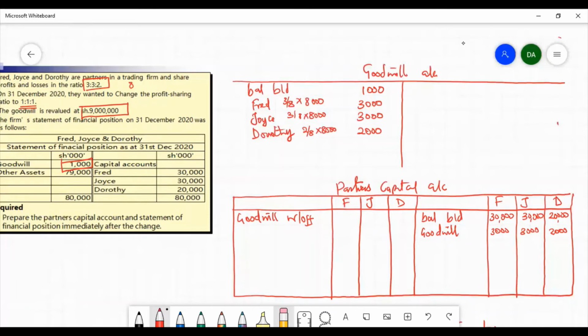The partners are 3, and therefore goodwill is written off as 3 million, 3 million, 3 million to make a total of 9 million. Therefore, in goodwill account, we have capital account of Fred, Joyce, and Dorothy to be 3 million each.